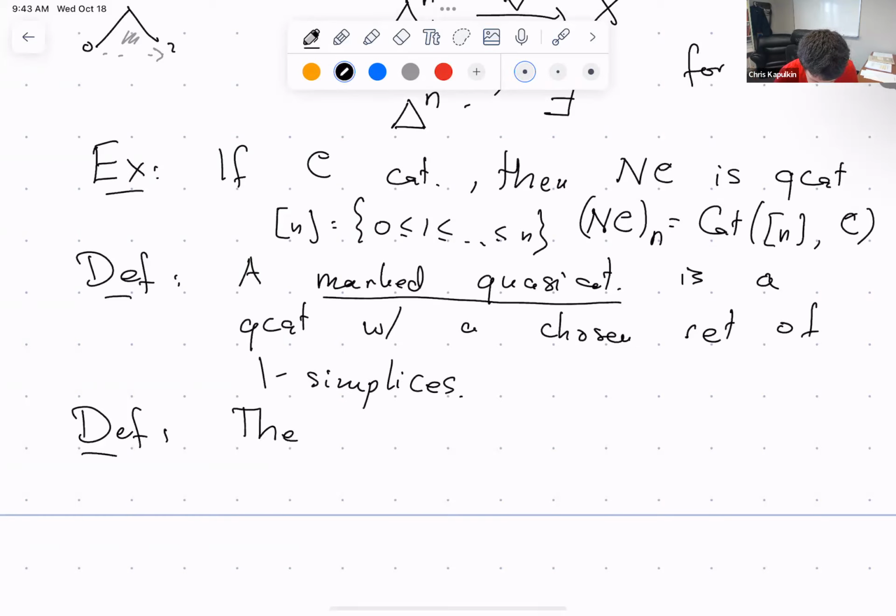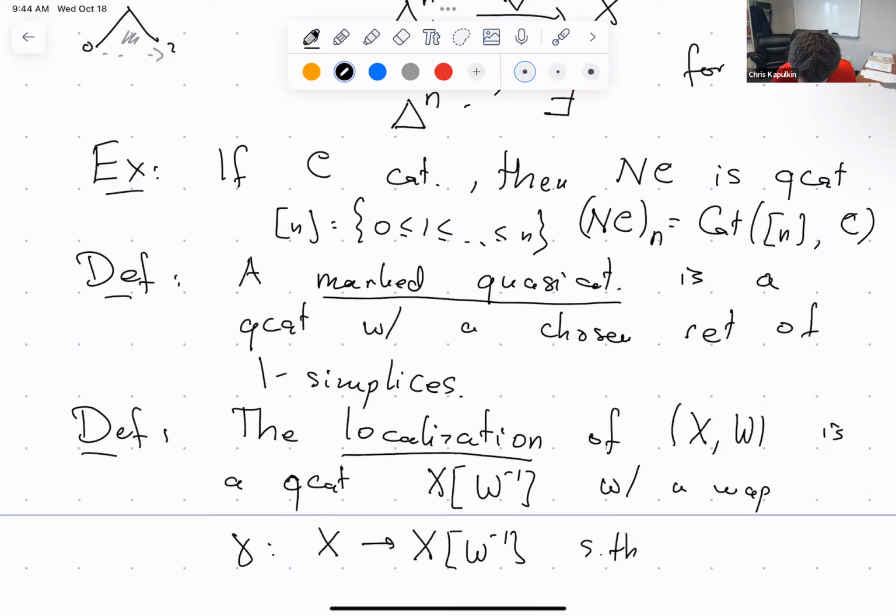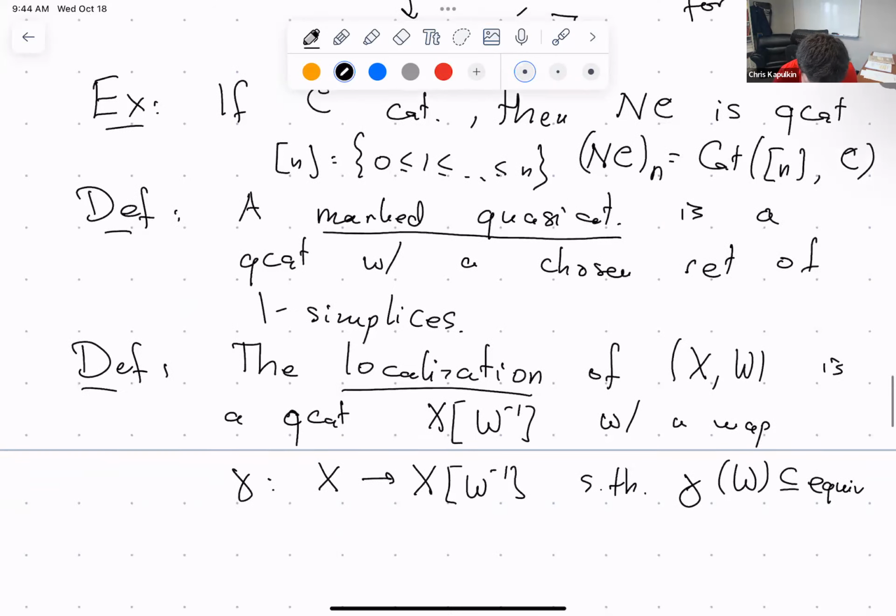And so then we can define the localization of such a thing. The localization of a marked quasi-category X, W is again a quasi-category X W inverse with a map gamma from X to X W inverse such that gamma of W is contained in the equivalences of X W inverse.